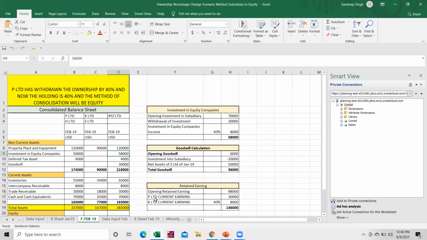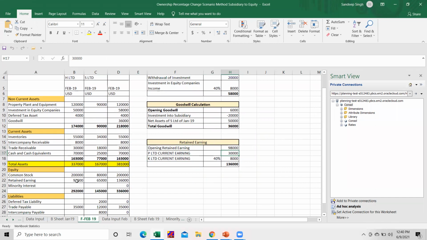Similarly, the calculation for the retained earning: the prior retained earning is 98,000. The parent company has generated 30,000 retained earning. Earlier we had 62,000 retained earning. The current retained earning is 30,000, and the retained earning of the subsidiary is 20,000, which is the retained earning of the Feb month.